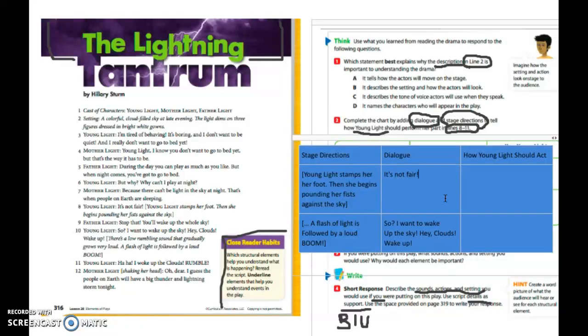So looking at the stage directions, I've already typed them here. Young Light stamps her foot when she begins pounding her fist against the sky. Dialogue: It's not fair. How should Young Light act? I'd like you to turn to your neighbor and tell your neighbor what that actress would do if she was playing that part.